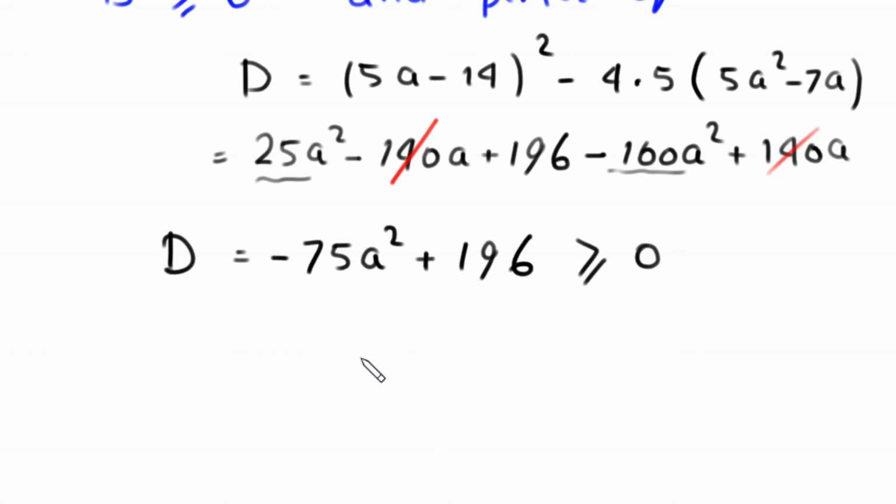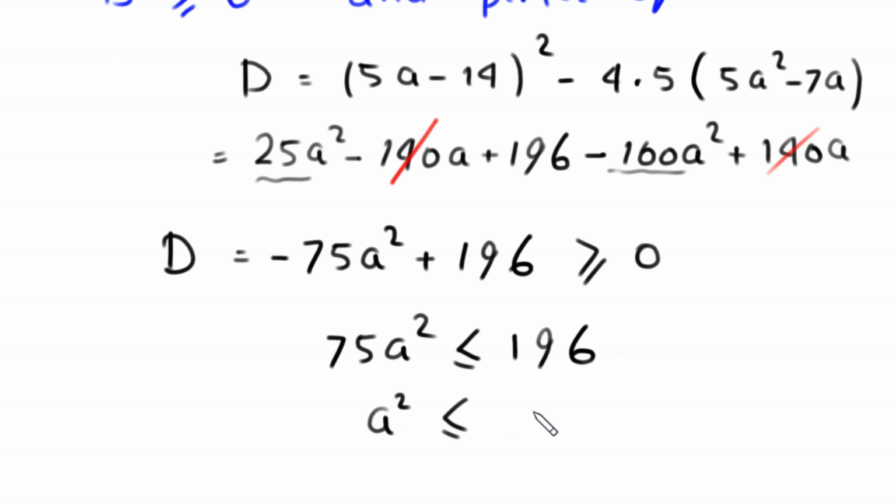This implies that 75a squared must be less than or equal to 196, and this implies that a squared must be less than or equal to 196 divided by 75.